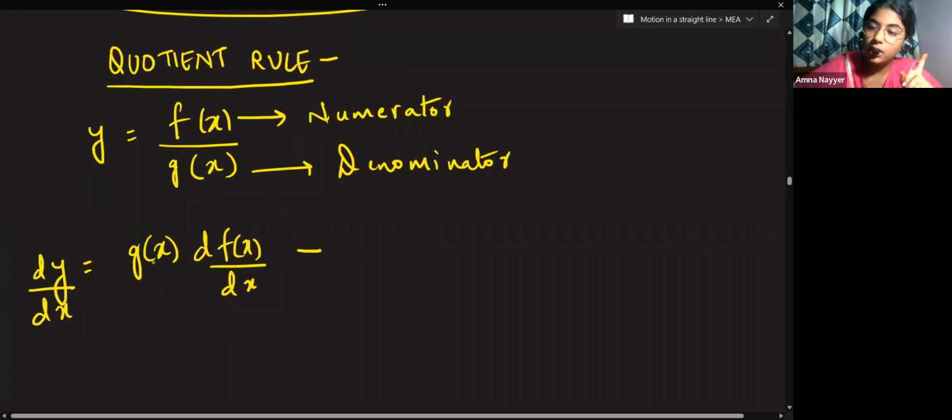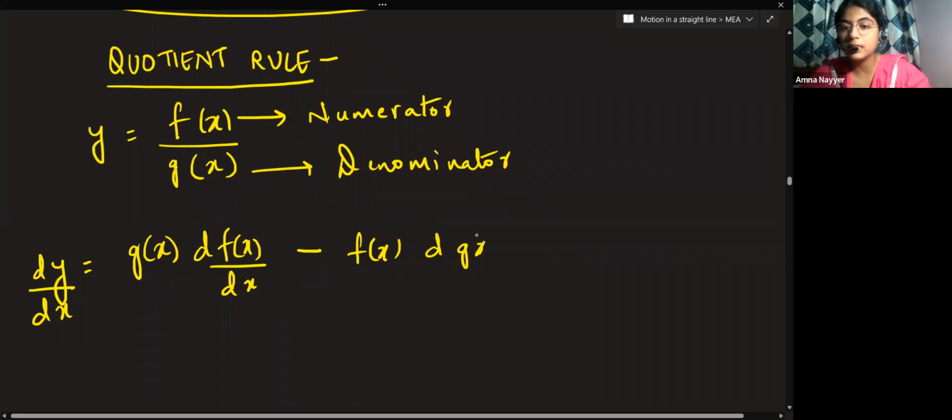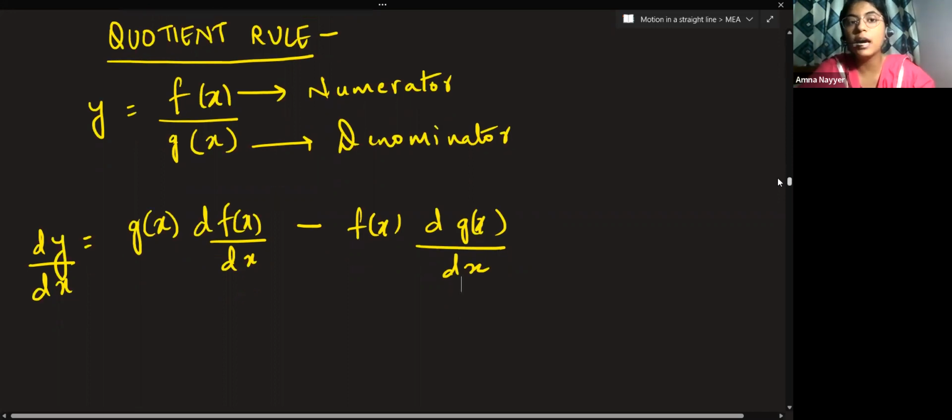So first keep the denominator as it is, differentiate the numerator. Then keep the numerator as it is with a negative sign. In product rule, we used to add a positive sign. Now you have to add a negative sign and differentiate the denominator. Now, here it doesn't end in case of quotient rule.